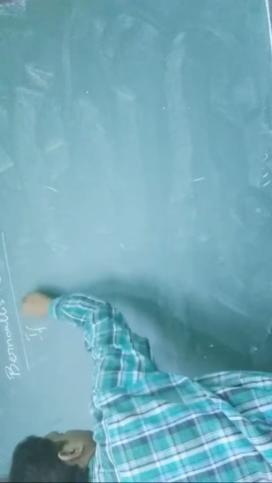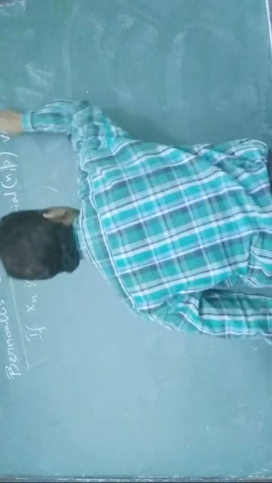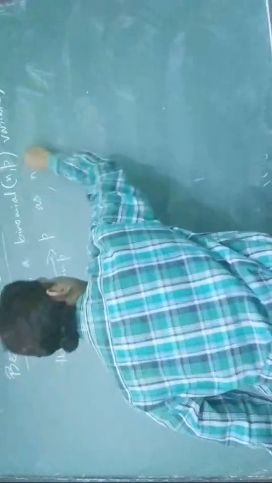Bernoulli's theorem. If xn is a binomial n, p variate, then xn by n tends to p in p as n tends to infinity.